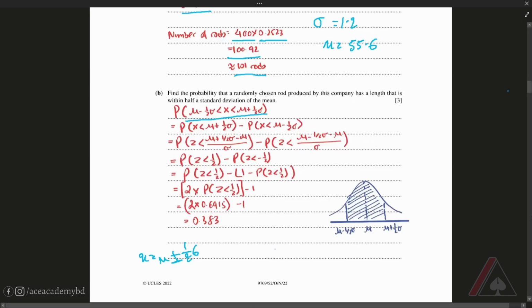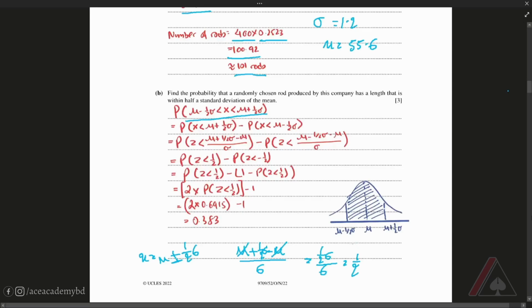All right, so we have our mean, our standard deviation, and we have mean plus half a standard deviation, and this is minus the mean. So minus and plus the mean cuts out. We get half a standard deviation by standard deviation, so that is half.